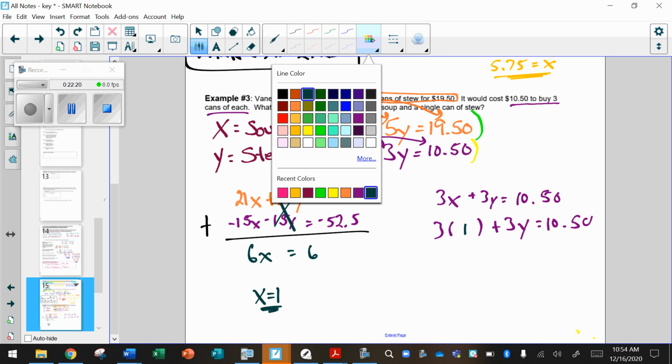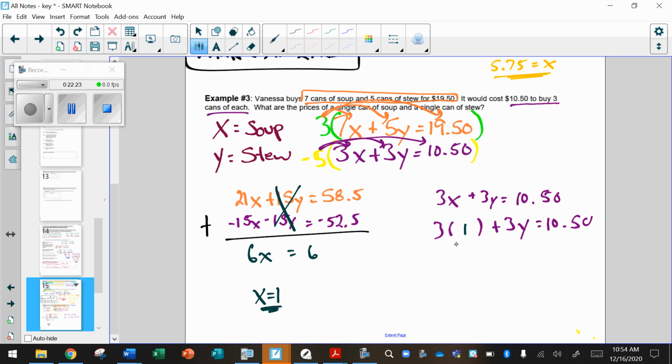And then I'm just going to do the work that I need to solve for y. Subtract 3 from both sides, and 10.50 minus 3 is 7.5. Now divide both sides by 3. We get 2.5 for the y value.